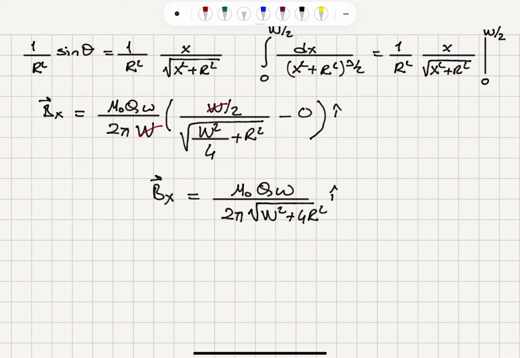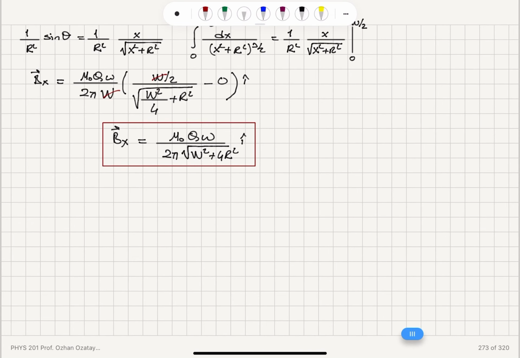So how did that happen? The square root of (w squared plus 4R squared) over 4 gives me 1/2. It goes upstairs, that cancels with these 2's, and I'm left with a 2 pi here. So this gives me the final answer for the magnetic field at the origin.